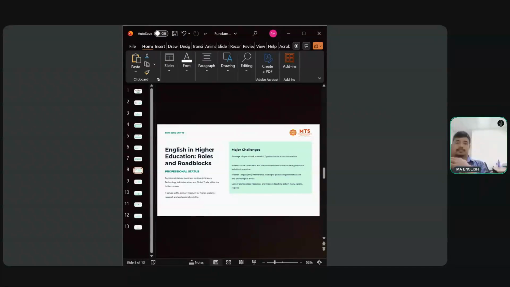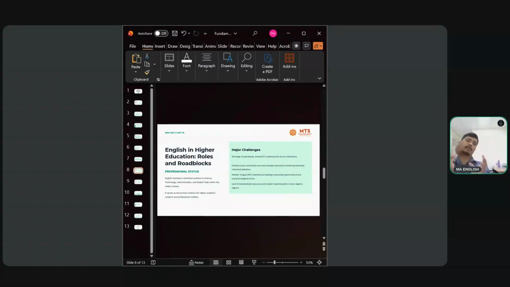This leads to persistent grammatical errors, pronunciation problems, and sometimes a lack of confidence. It happens with me too, because of that mother tongue influence. Since English is not our mother tongue, that's why it happens like that.